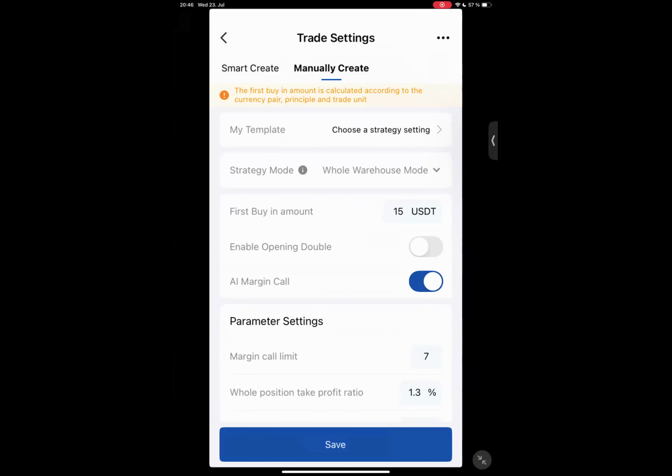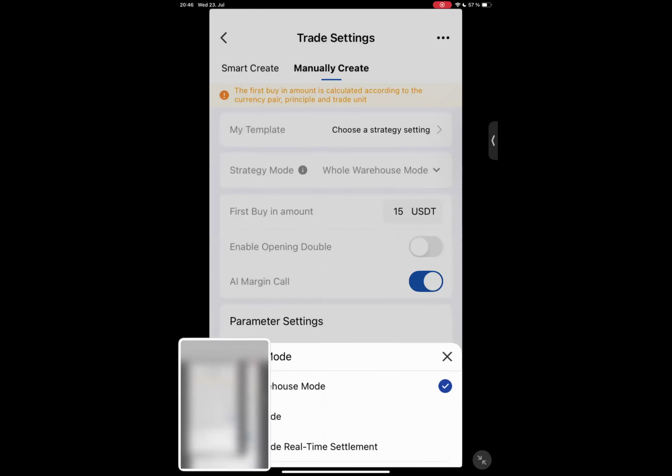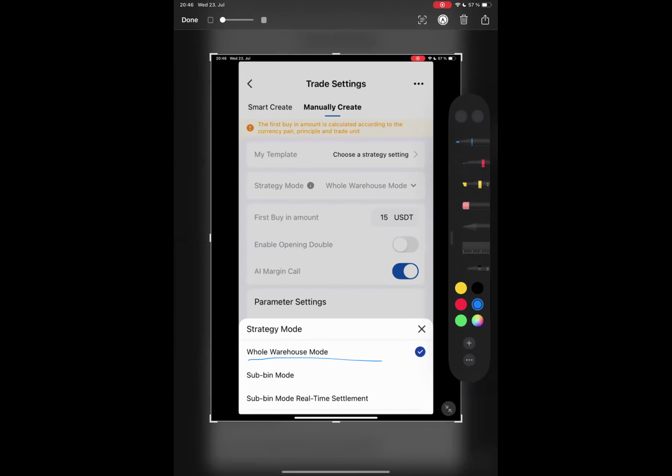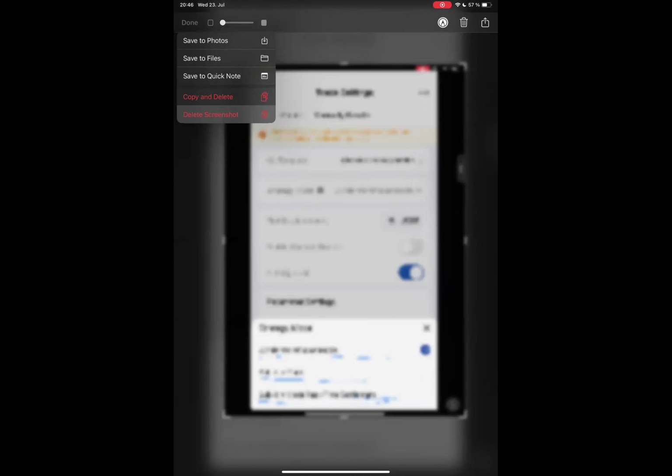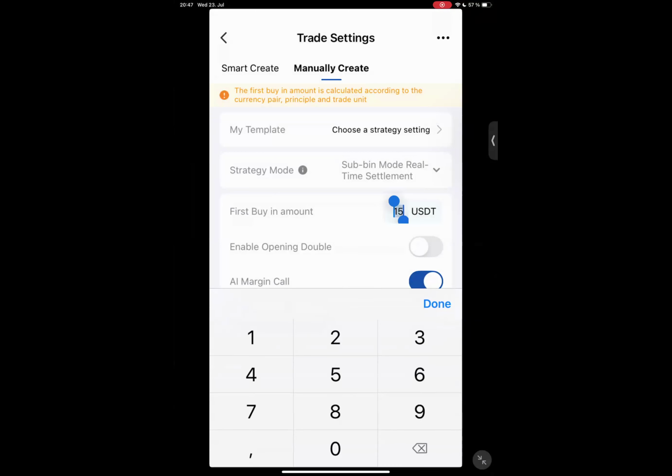Then I would like to change the strategy mode. This is what I explained earlier on: whole warehouse mode, sub-bin mode, and sub-bin mode real-time settlement. So I'll choose the last one because I want to be making profits whilst I'm still in the trade, or still in the dip. So I'm going to probably change the first buying amount.